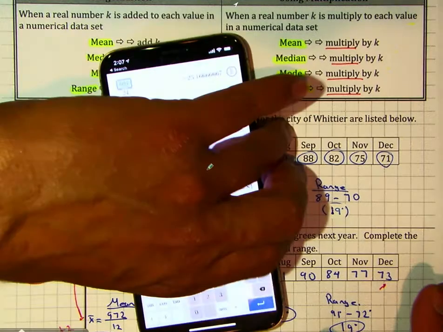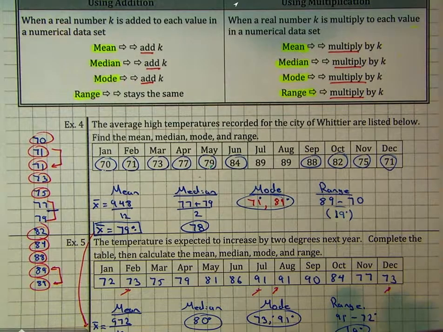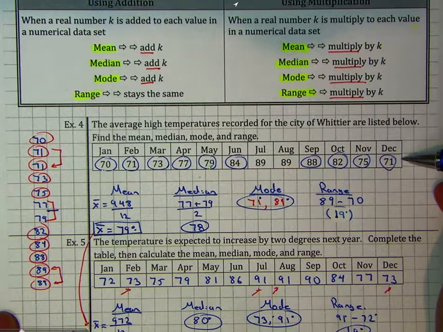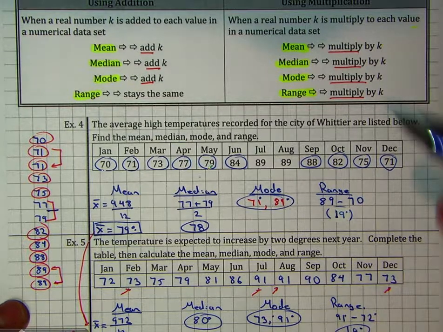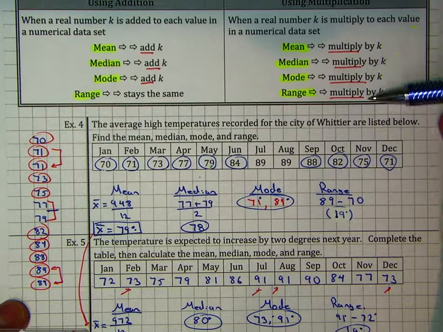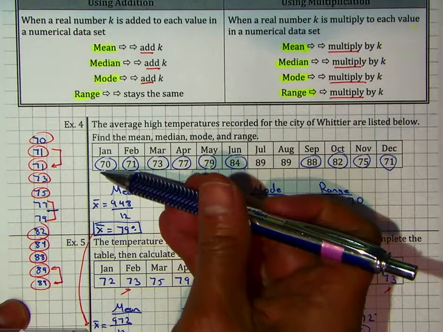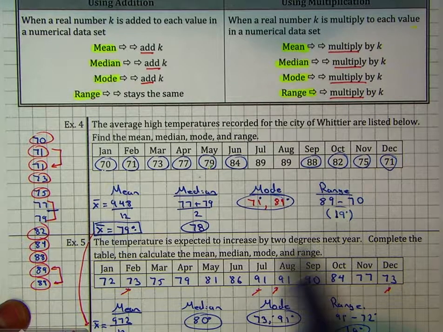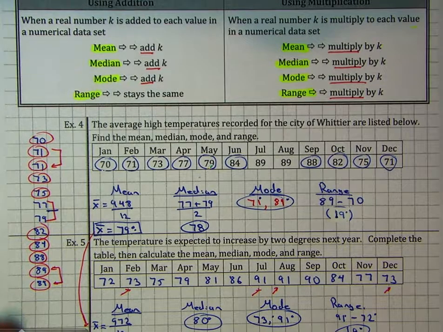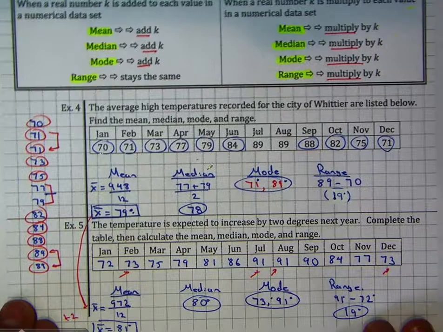So that's something you want to memorize: whenever you add a number, all of them will be added by the same number, except for your range. Now, if we were going to multiply, they actually all get multiplied. So if you multiply each number by 2, then each of them will be multiplied by 2 as well. So this is the lesson for today. Have a great day, and I'll see you guys next time.